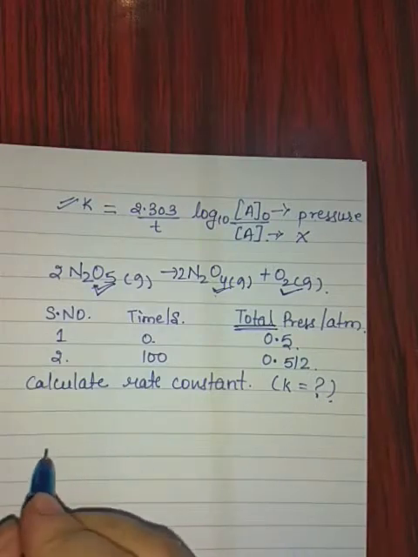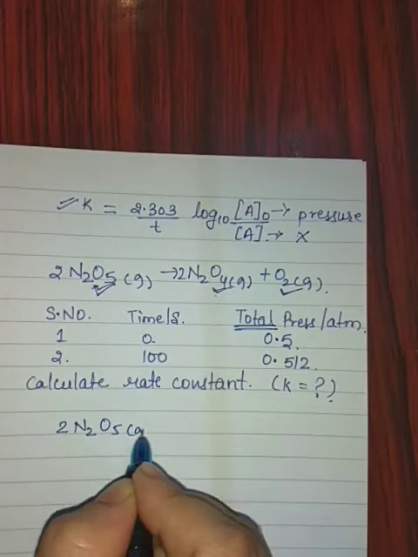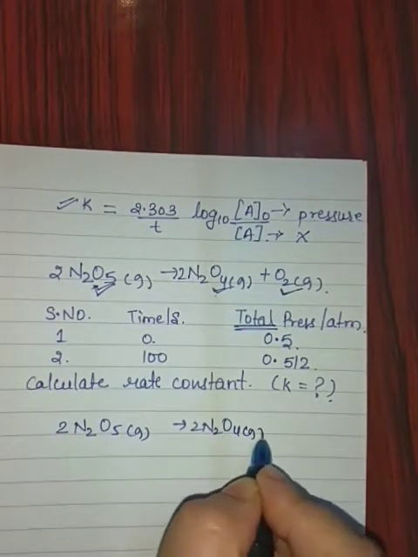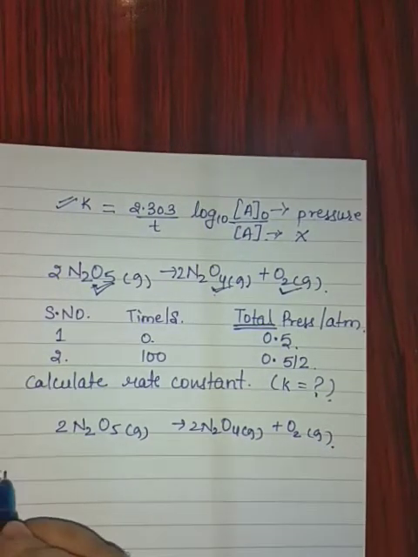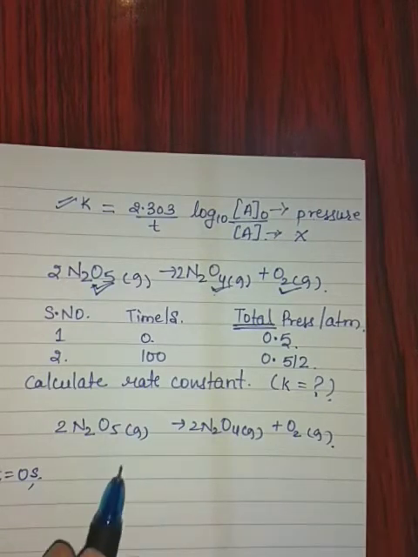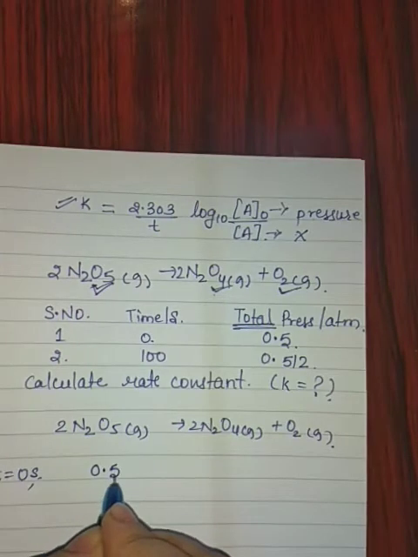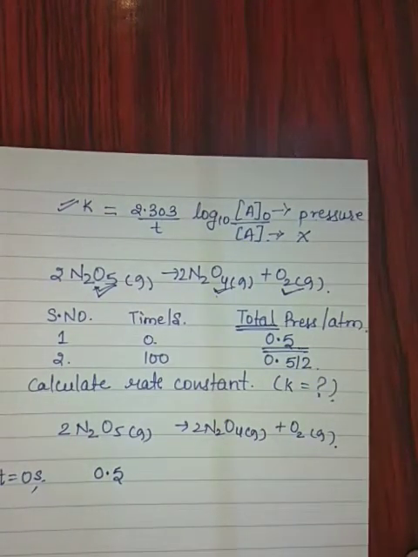For that, let me write down the reaction again. 2N2O5 gas gives 2N2O4 gas plus O2 gas. When the time is 0 seconds, whatever pressure they have given you in the name of total pressure is the total pressure, agreed. But when the time was 0, the decomposition has not started.